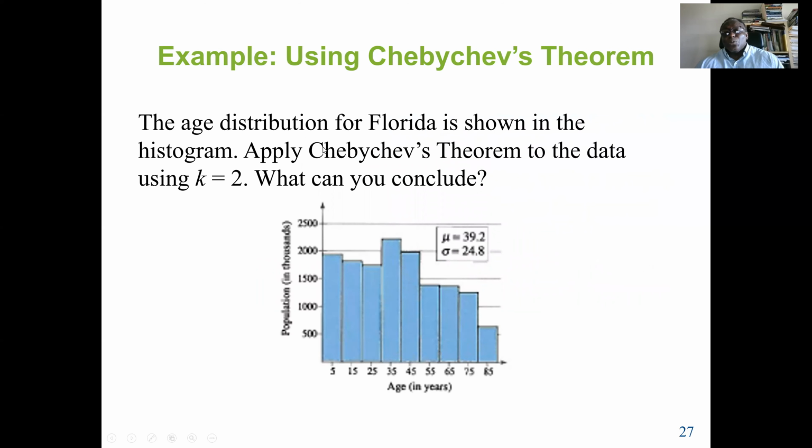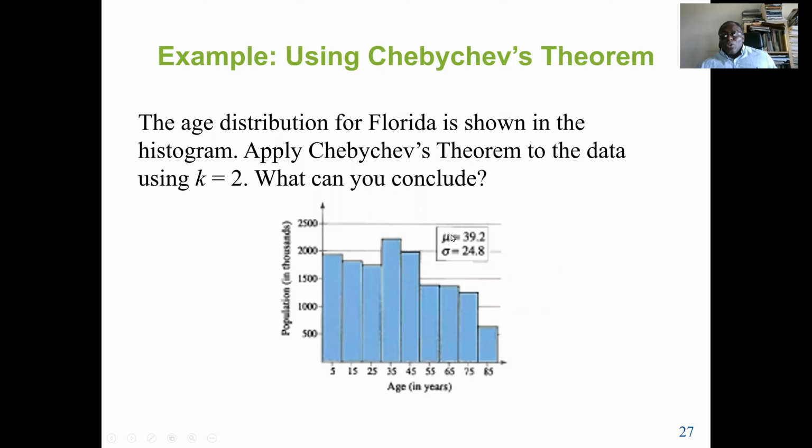We have an age distribution for Florida shown below. The ages on the horizontal axis are 5, 15, 25, up to 85. We should apply Chebyshev's theorem to the data using K equal to 2. What can you conclude? First of all, luckily we have the mean and we also have the standard deviation.